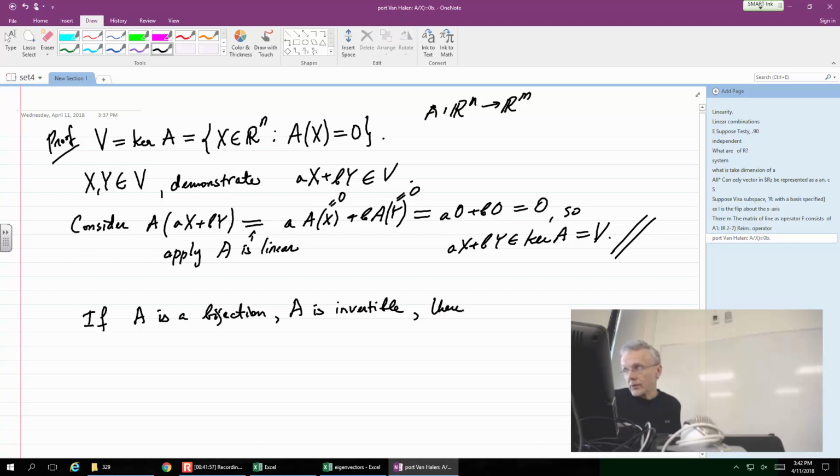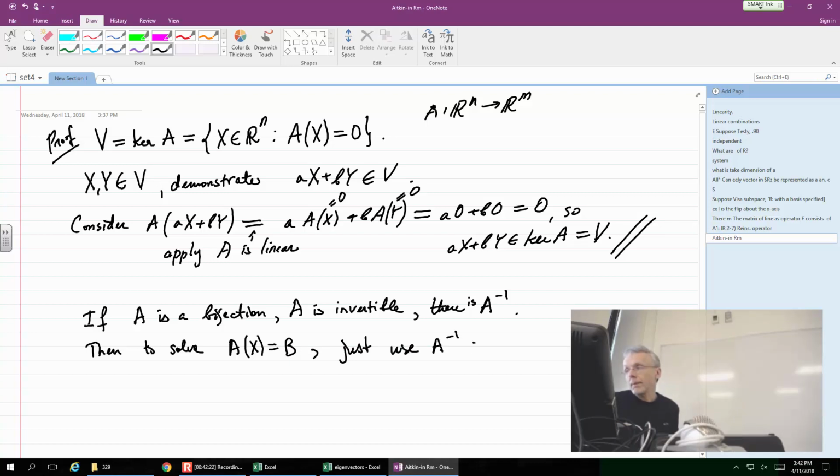So there is such a thing as A inverse as a function. So what is it good for? To solve Ax equals b, what do we do? We just use the inverse. So x is equal to A inverse of b.